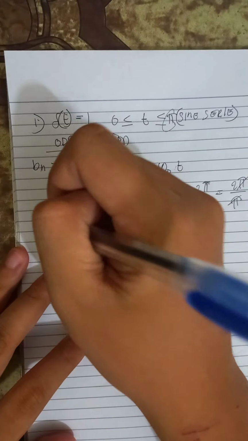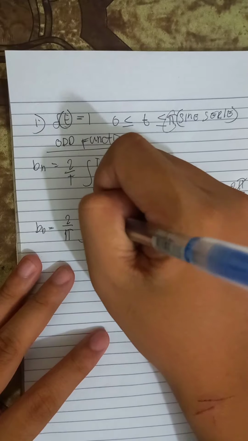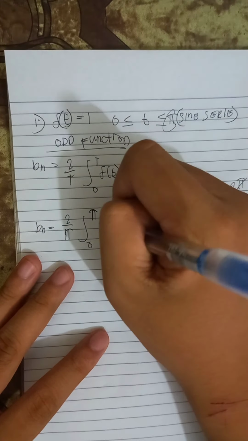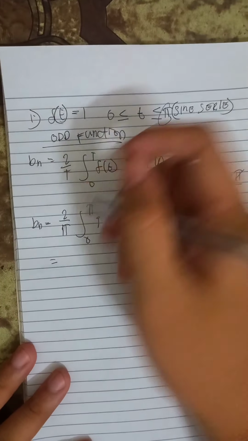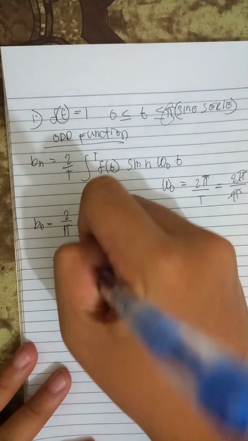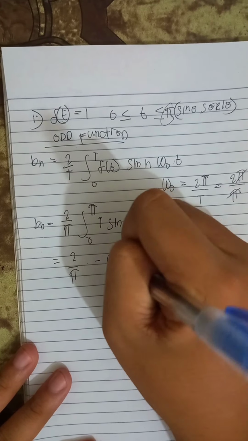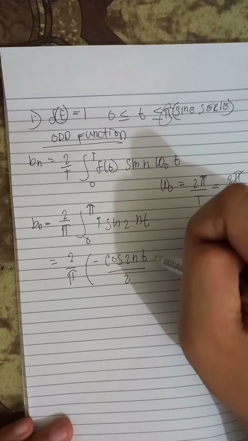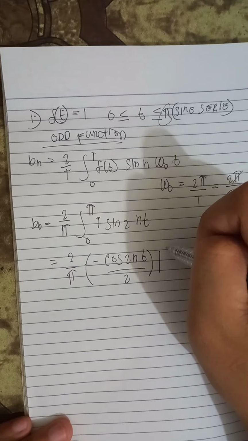The value of T is π, so we cancel the π and the value of ω0 becomes 2. So we distribute the 2 in the value of ω0. The next step is to perform the integration of sin(2nt).